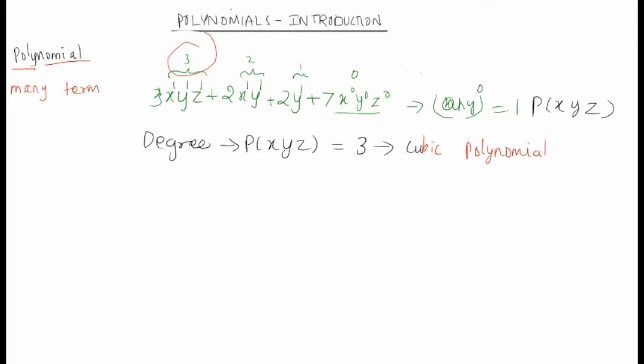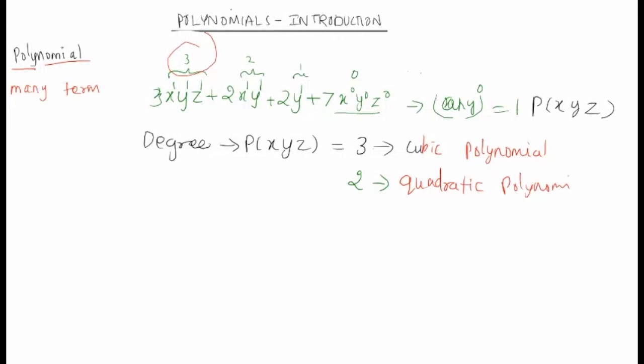A polynomial with degree 2 will be called a quadratic polynomial.